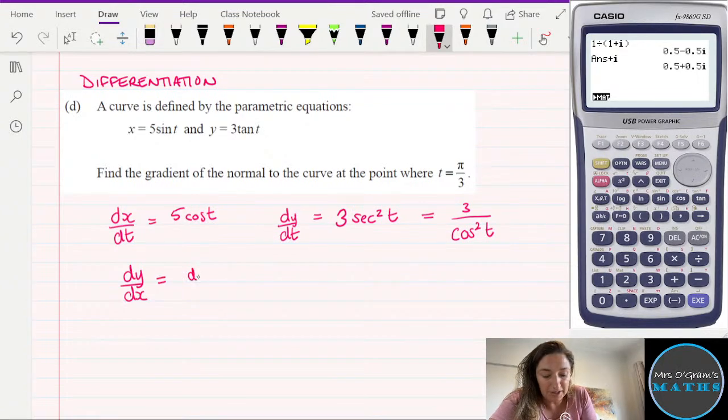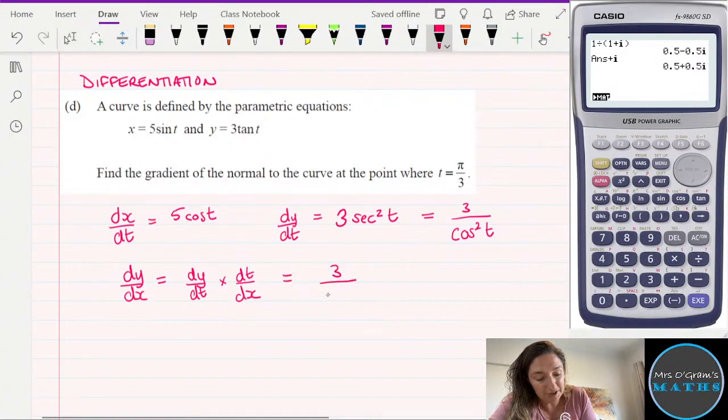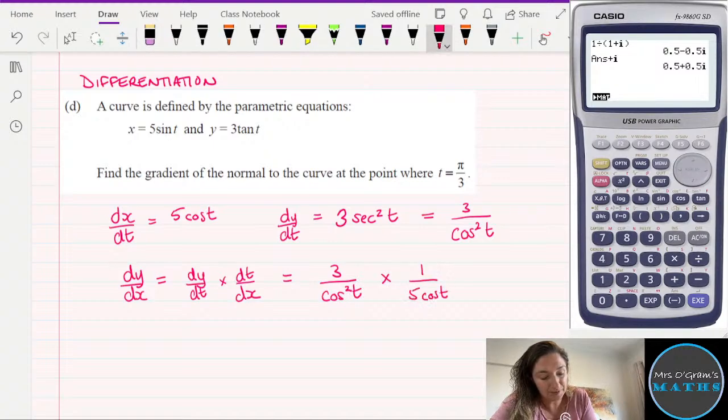So dy by dx is dy by dt multiplied by dt by dx. That dt by dx is this bit flipped over, because this was dx by dt, we want it the other way up. So we have dy by dt, 3 over cos squared t, multiplied by 1 over 5 cos t.